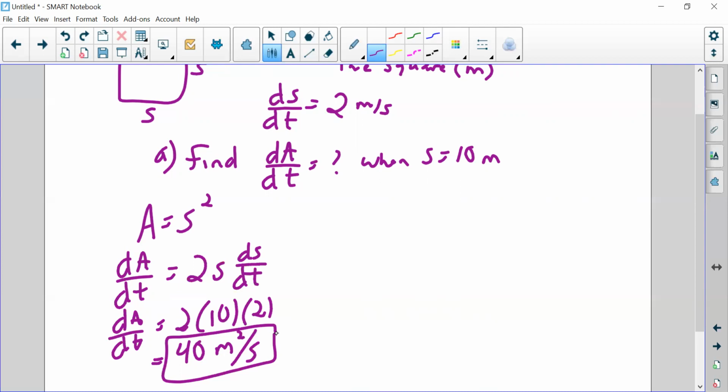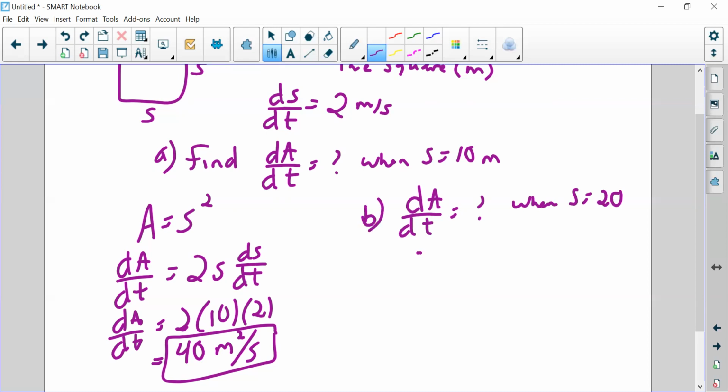All right, B: at what rate is the area of the square changing when the side is 20 meters? That might just be double. It's the same thing, just plugging in. This time we want to find dA/dt when S is 20.